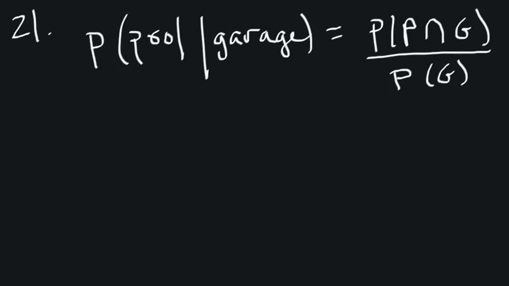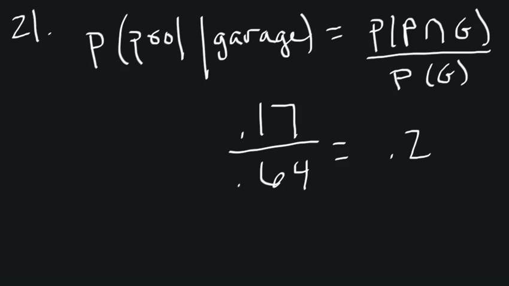They pretty much gave us that information. So that would be 0.17 divided by 0.64, which would give me 0.266.